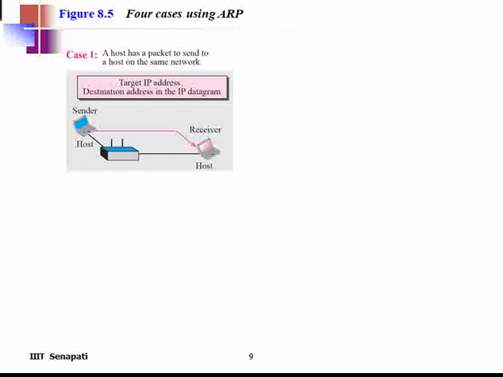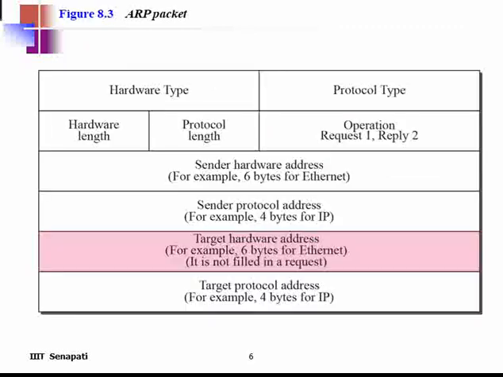In your packet format, there is a field of target IP address, right? If you remember, you can see it is the target IP address. In this field, we are talking about what value should be kept, if we are sending directly to the host on the same network, if we are sending to the router, or a router is sending the packet to a host. These things we are discussing now.